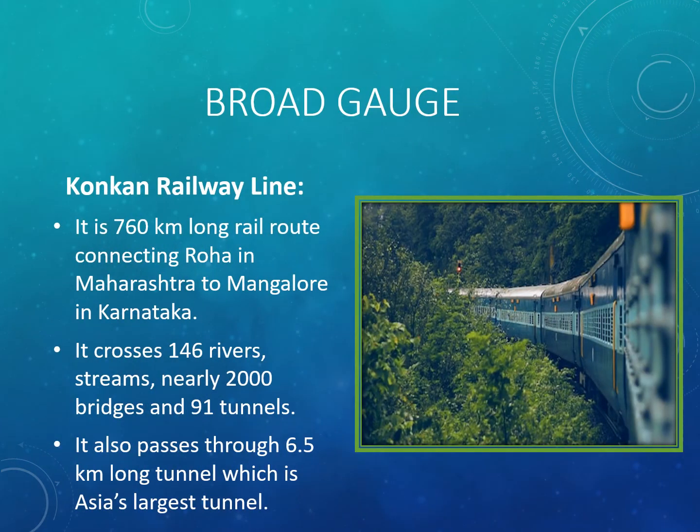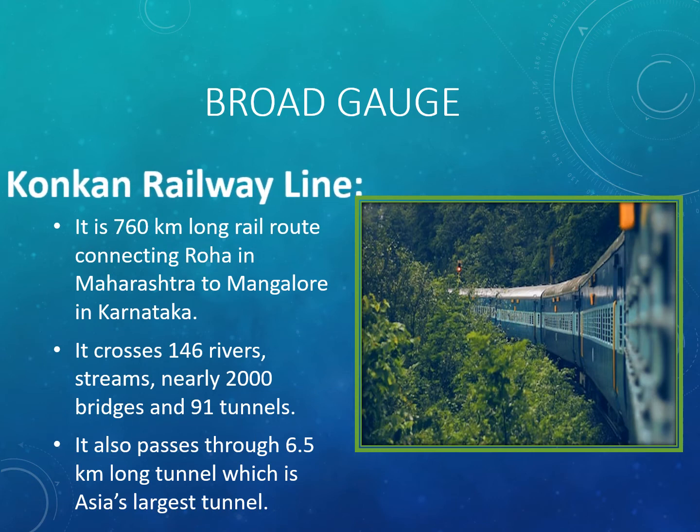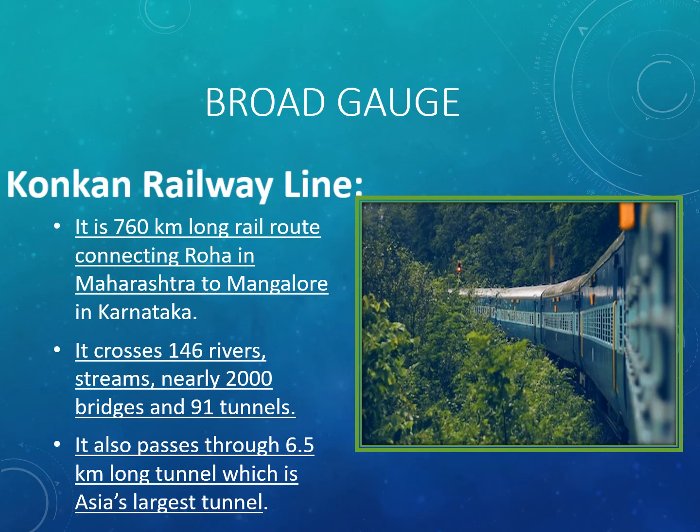Another important broad gauge line, Konkan Railway Line. Broad gauge railway line on the west coastal lowland, known as the Konkan Railway Line, is an engineering marvel of the Indian Railways. It is 760 km long rail route connecting Roha in Maharashtra to Mangalore in Karnataka.